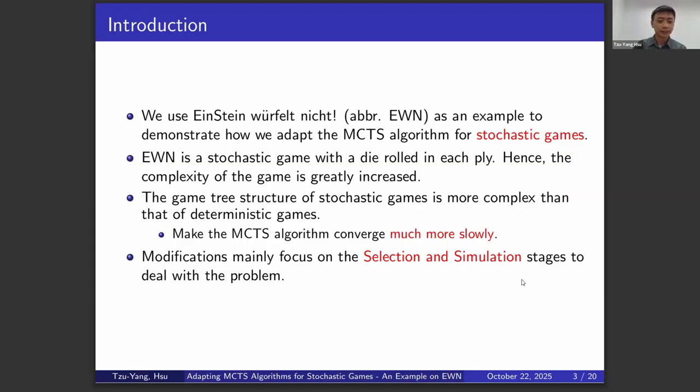And it seems that the game tree structure of a stochastic game is more complex than that of a deterministic game, which makes the MCTS algorithm converge much more slowly. Our modifications are mainly focused on the selection and the simulation stages to deal with the problem.